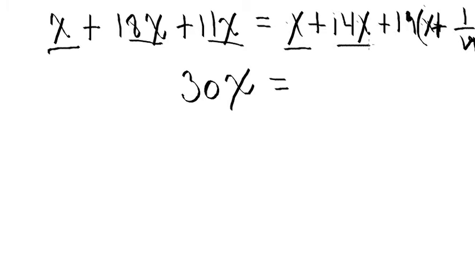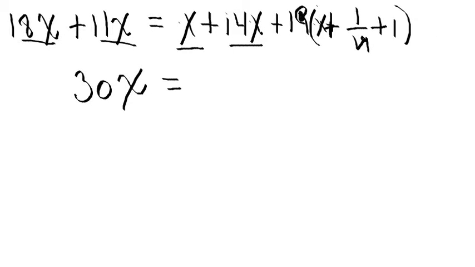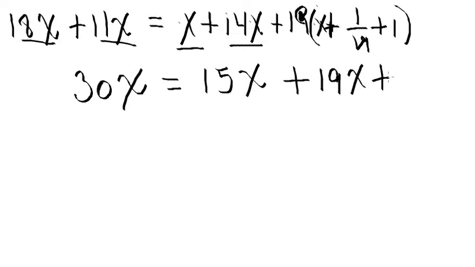Oh, wait a minute. Probably what we need to do is distribute this 19 across, which, what a mess. So 15x plus 19x plus, this number down here was a 19, so 19 times 1 over 19 is just 1, and then 19 times 1 is 19.